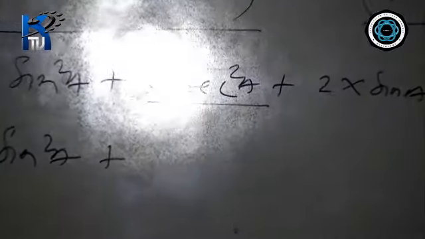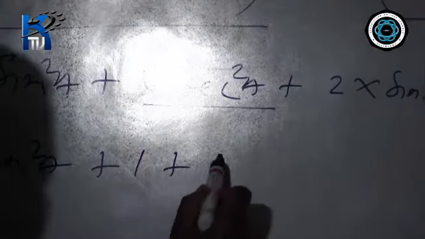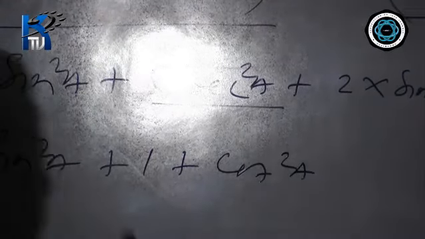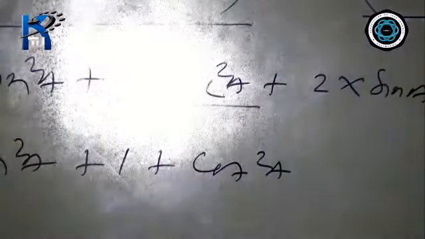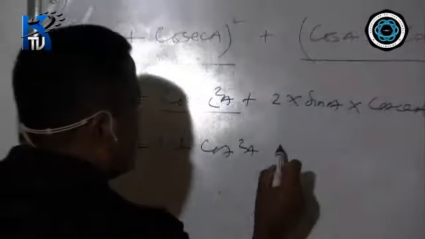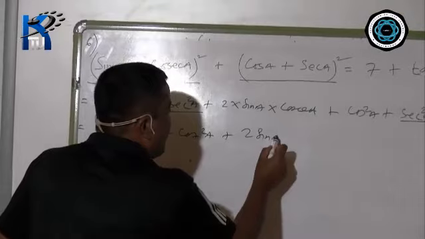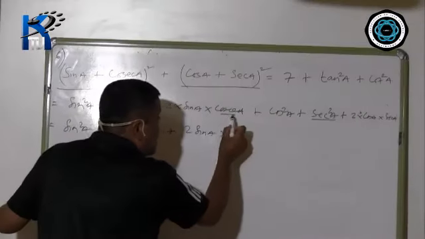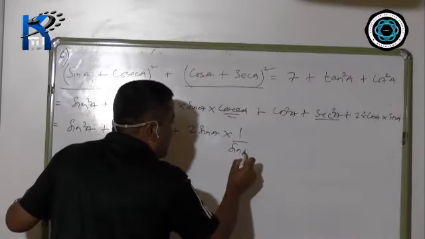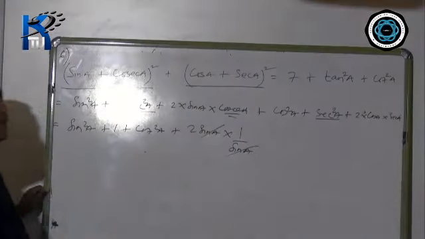So here you have to write 1 plus cot square A to get that cot square A, plus 2 sin A into, now this cosec A you can write 1 by sin A, so that these two will get cancelled.